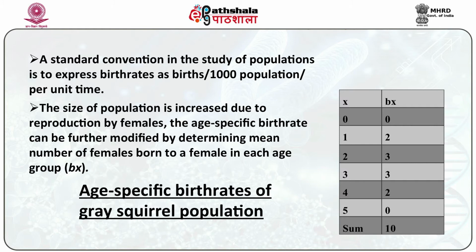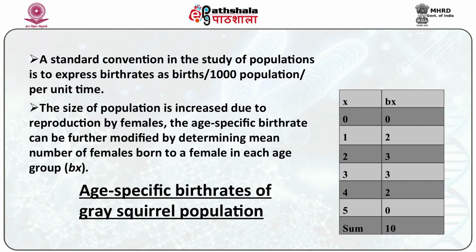The following data for age specific birth rates of grey squirrel population can be used to construct a fecundity life table. At the beginning, at age 0, females do not produce any offspring, so the value of Bx is 0.